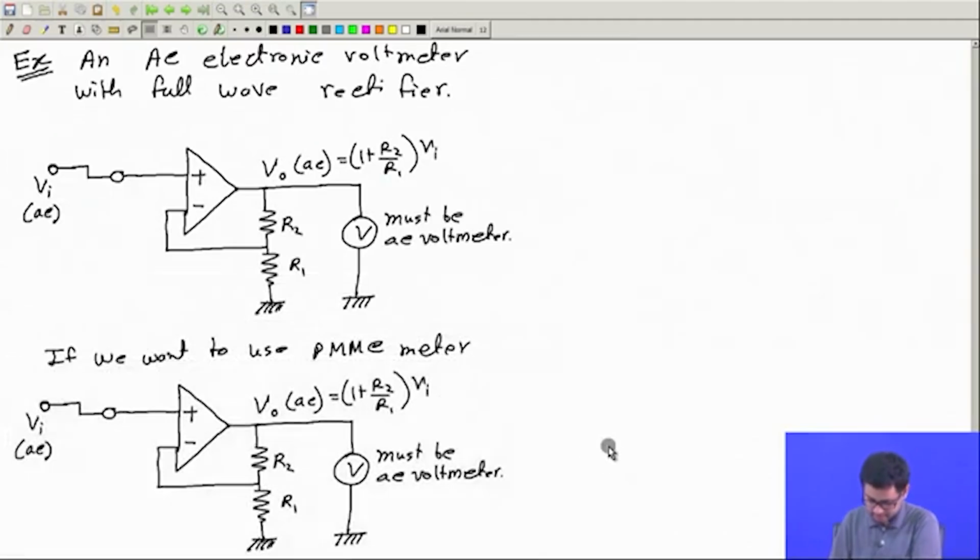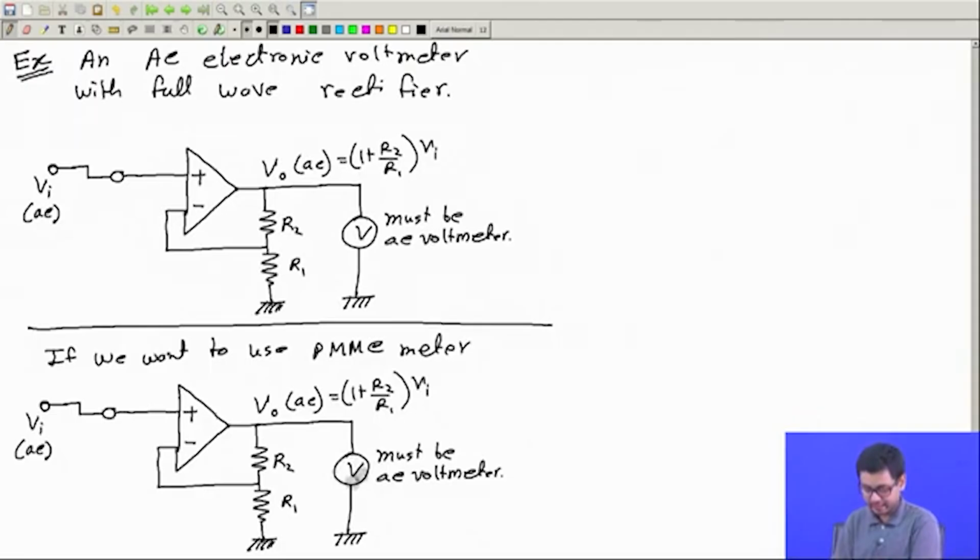If it is a PMMC meter, we cannot connect directly like this because this is AC voltage. So we can take a rectifier, and we would like to take a full wave rectifier.